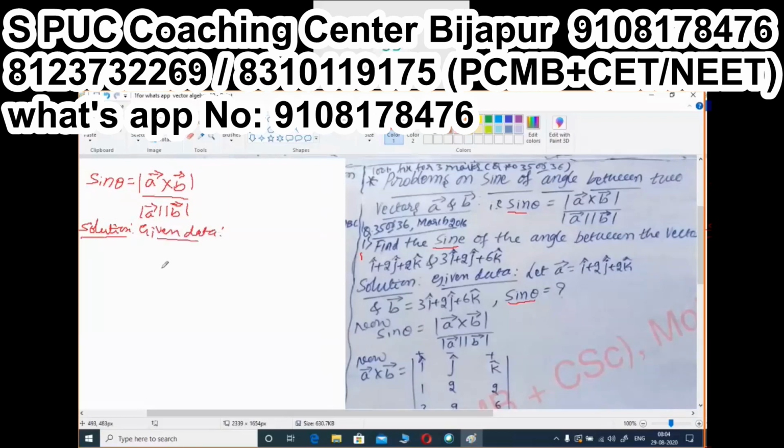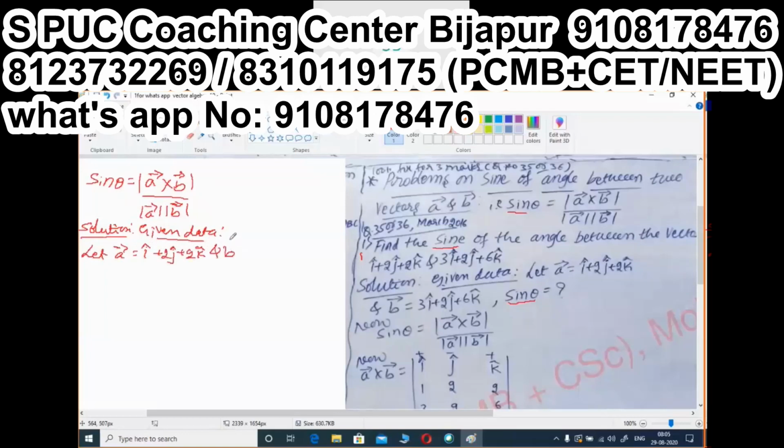Two vectors he has given, so let A vector be i cap plus 2 j cap plus 2 k cap. This is the A vector.